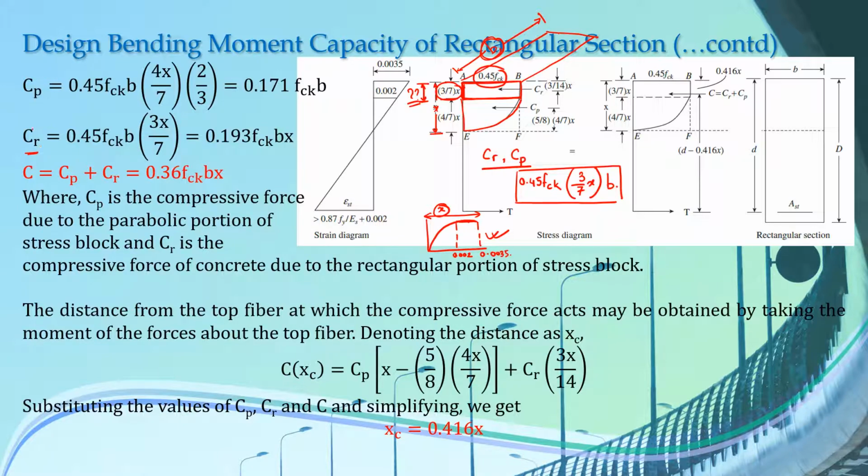CR, this is the compressive force due to the rectangular block, 0.45 fck B into 3x by 7, which you get to be 0.193 fck Bx.